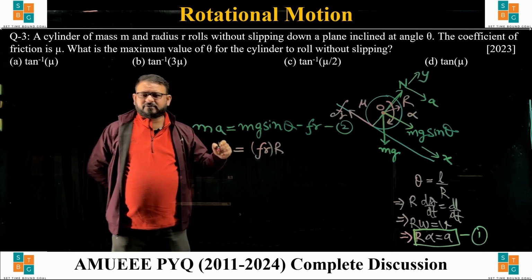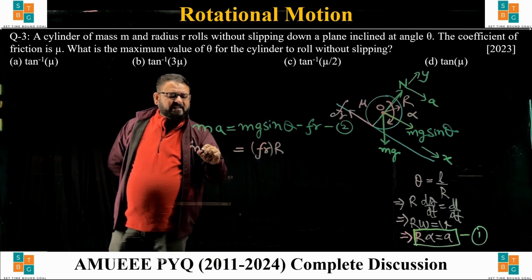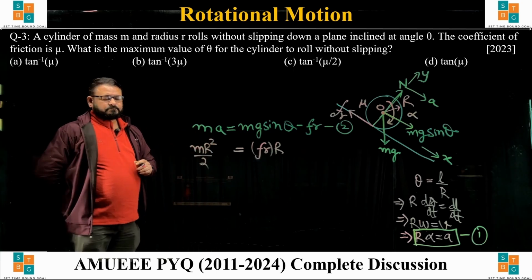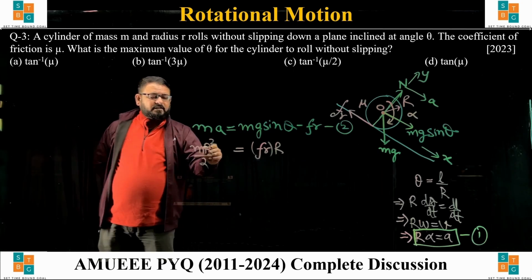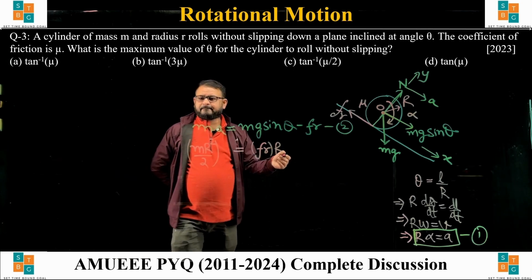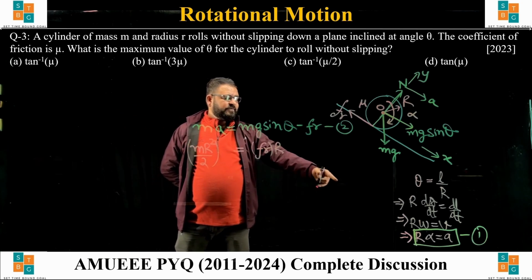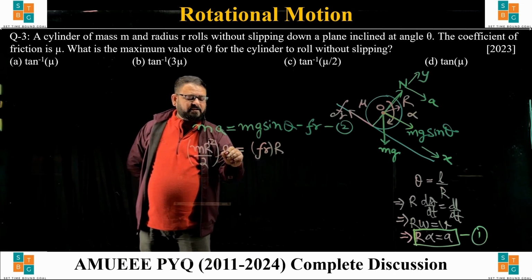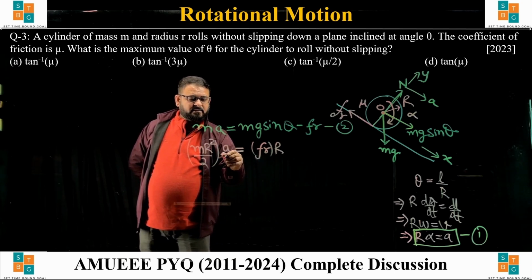Now I for a cylinder is mr square by 2, right? I alpha, right? Alpha we know is a by r from the first relation, is a by r.